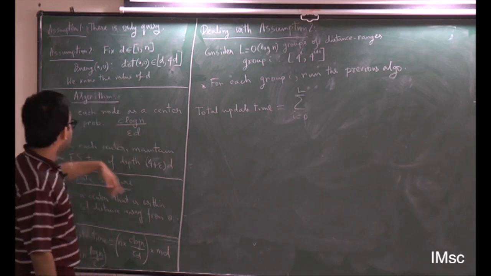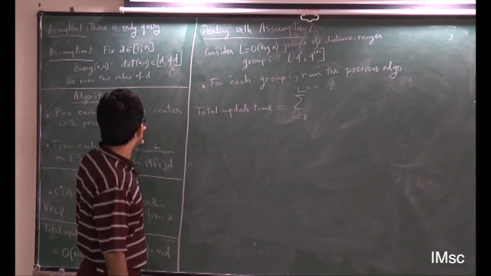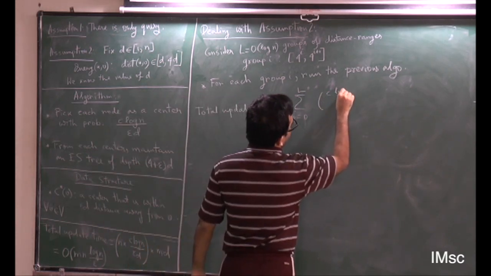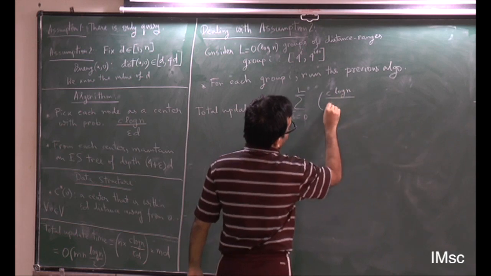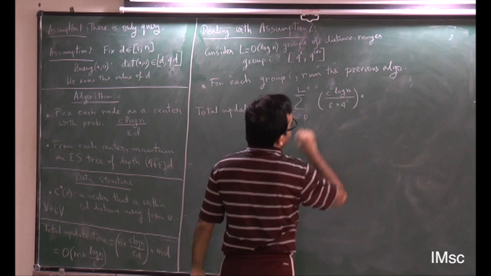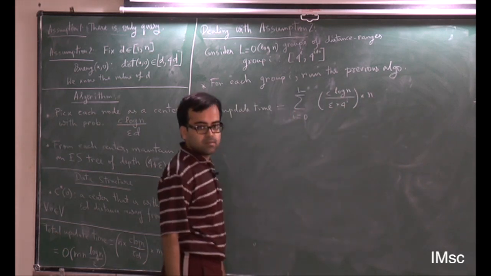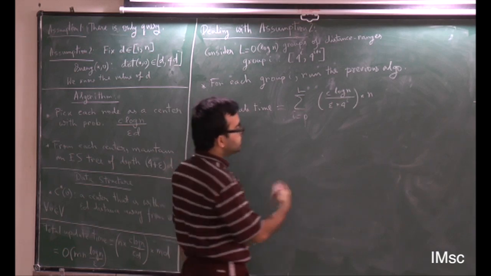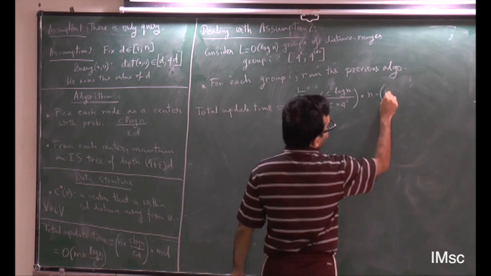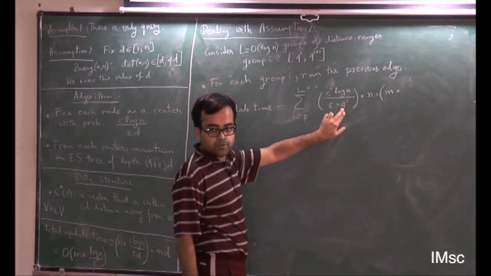So, for group I, recall the algorithm is pick each node as a center with probability C log n by epsilon times 4 to the power I, this probability changes. So, the expected number of centers is this, and from each center you are maintaining an Even-Shiloach tree of depth order of D, D was 4 to the power I here.